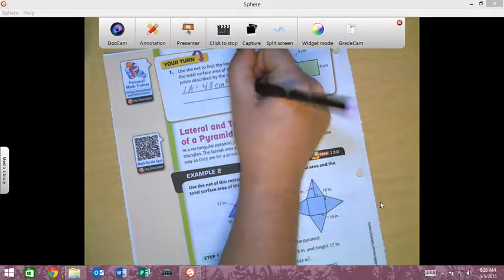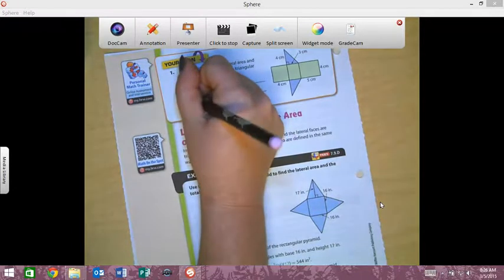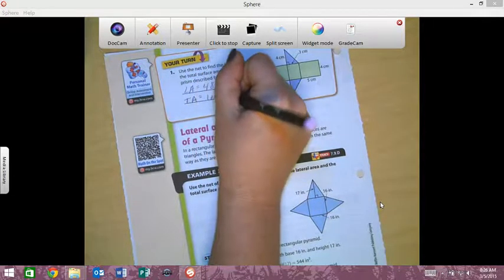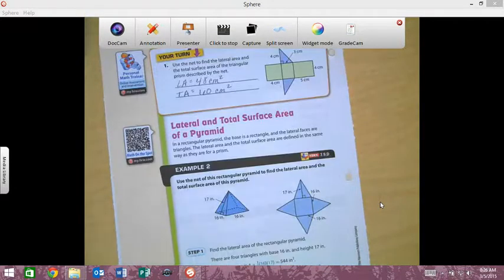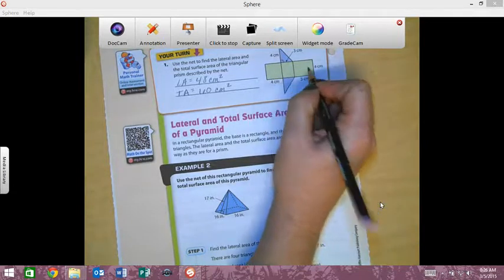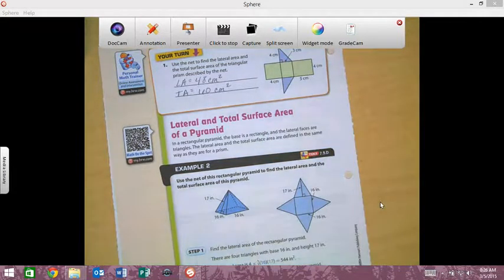And for your total area, I'm abbreviating here obviously, you should get 60 centimeters squared. So that gives you a good idea of what you're up for. Find the area of each individual piece and add them together. Remember, lateral is just the faces.